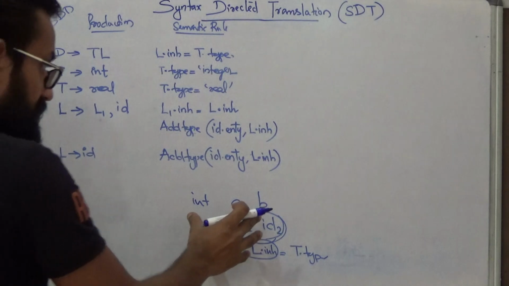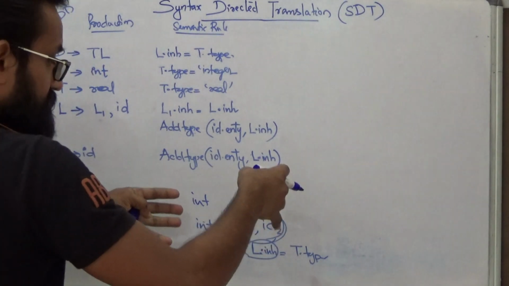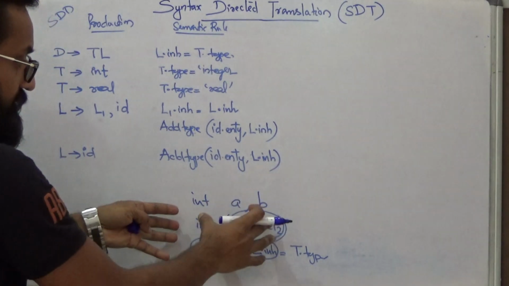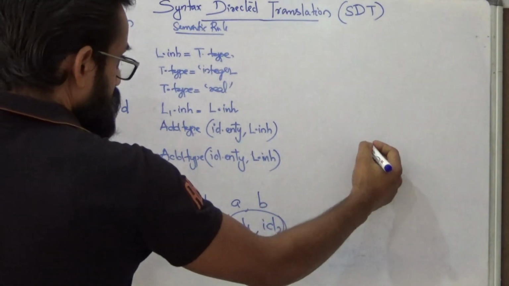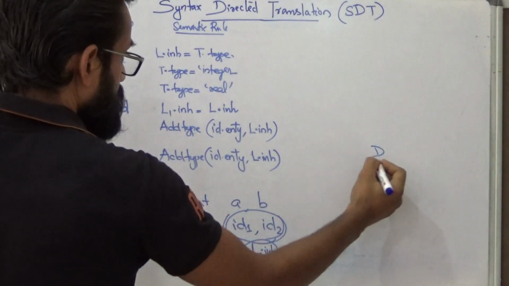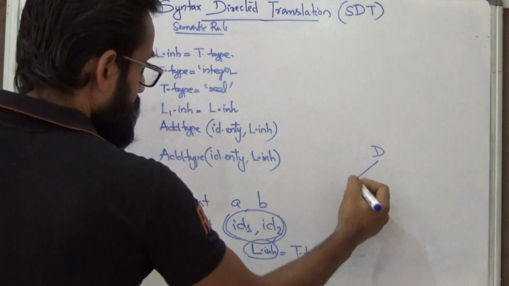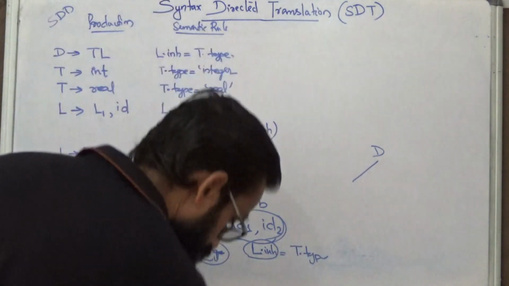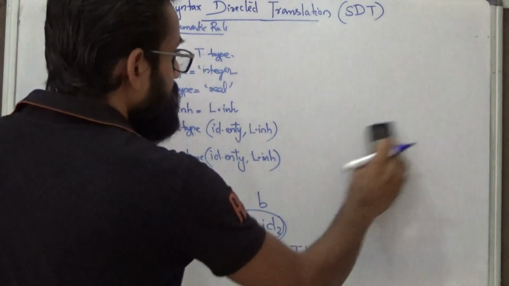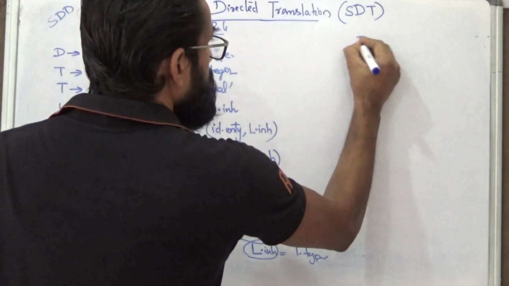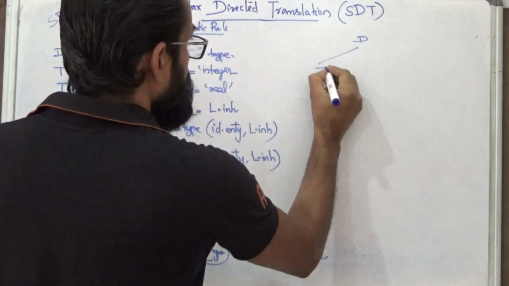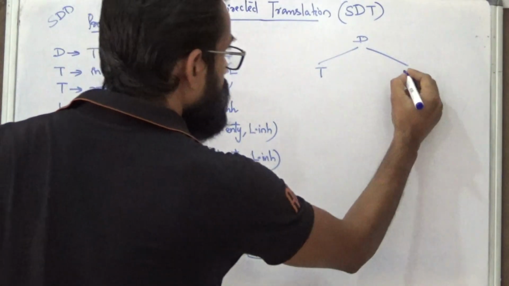So if you consider the subtree corresponding to this particular instruction, you will have declaration giving. So let us construct the parse tree. Declaration giving type followed by a list.